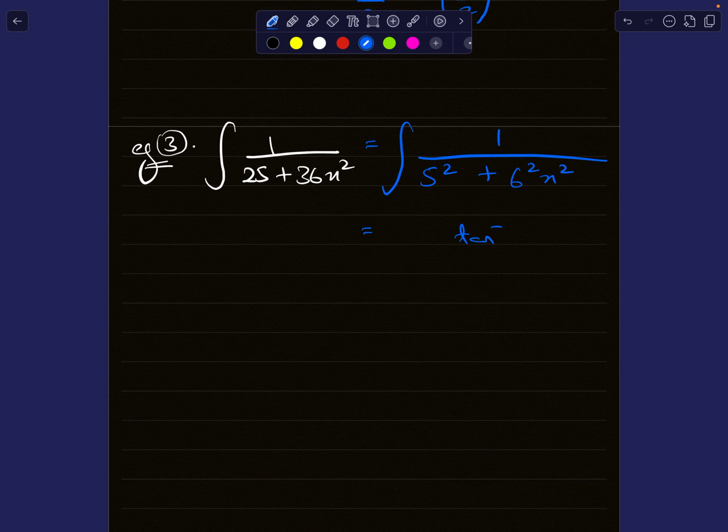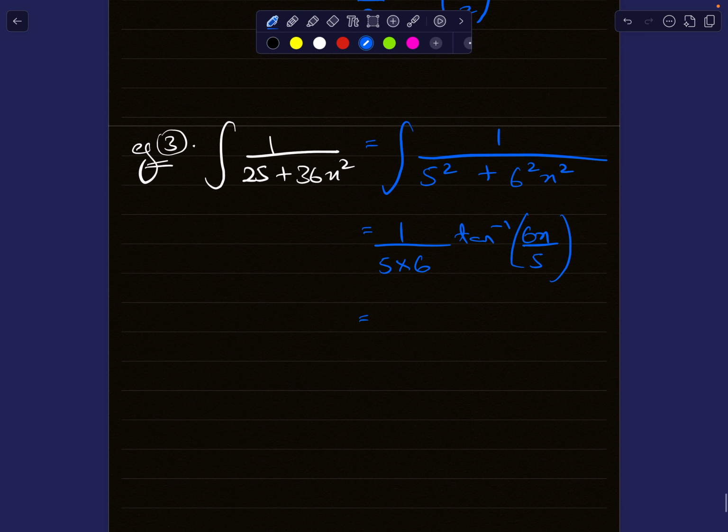This has something to do with tan inverse. We do know that. Then the second thing would be in the numerator, and the first thing would be in the denominator. Then for what comes out front, we have the first thing times the second thing without the x. And then finally, simplifying this, we have 1 over 30 tan inverse 6x over 5 plus c.